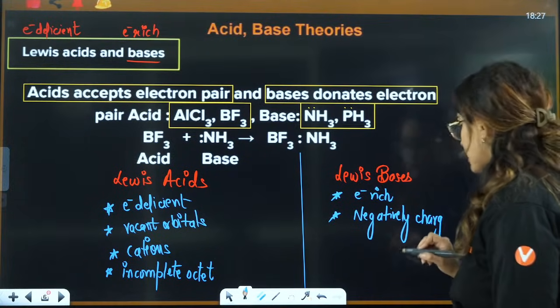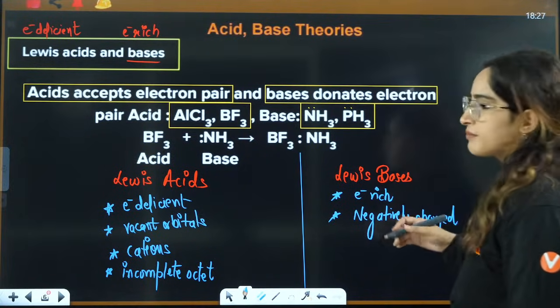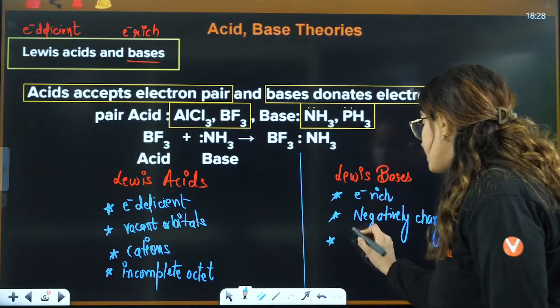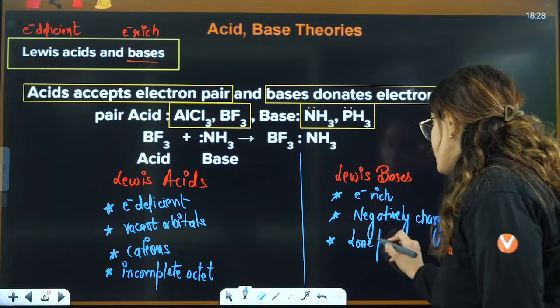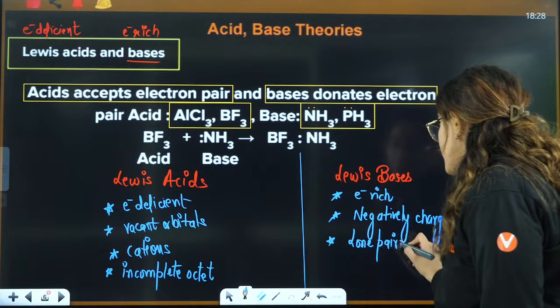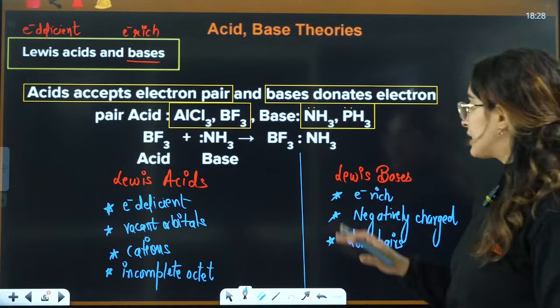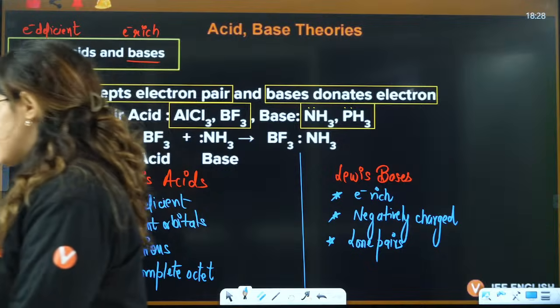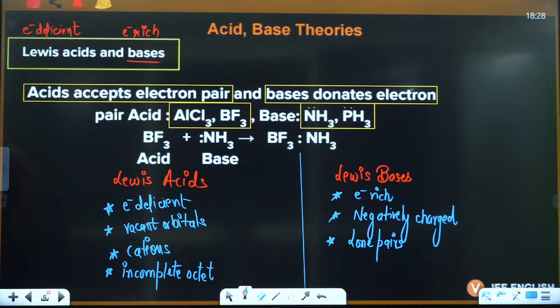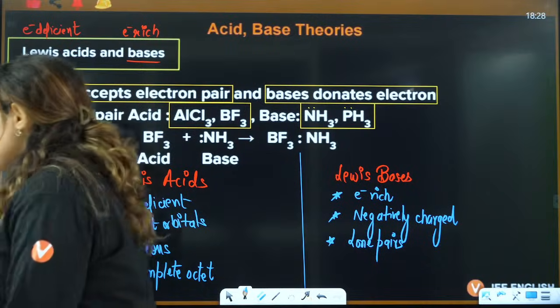They can have lone pairs, or they can have multiple bonds. So these are the examples of Lewis bases. Everybody tell me, is that clear? Do let me know in the chat box. Okay.